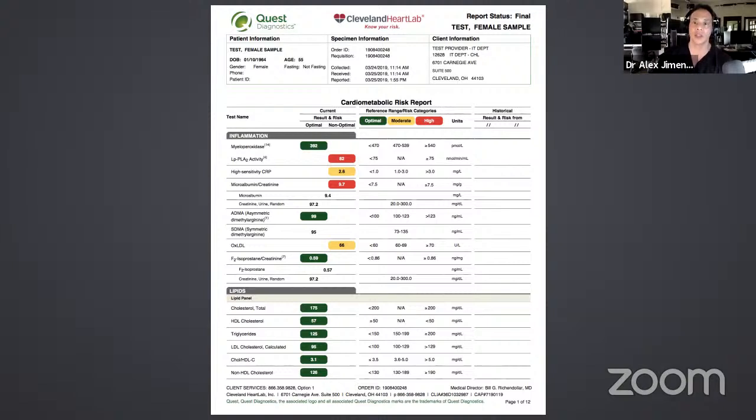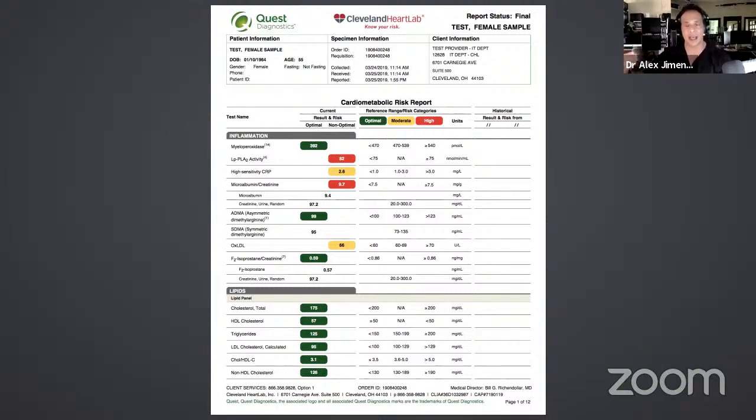So what we want to do is measure this and see what's happening, because that oxidized LP little a, as they call it, is one of the newest markers and the most sensitive, though the marker is not able to be changed that much. But the susceptibility to it, with our other factors in our lifestyle habits, we can change, and it does help.